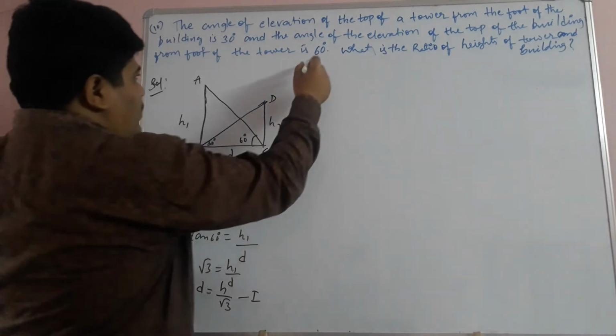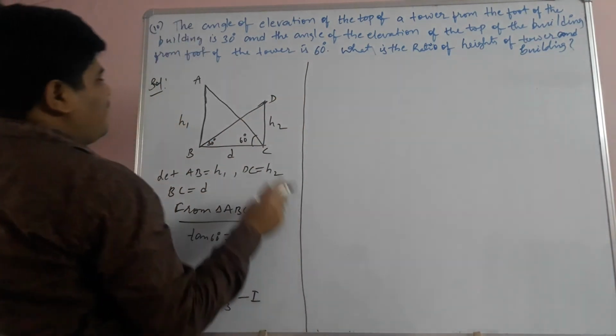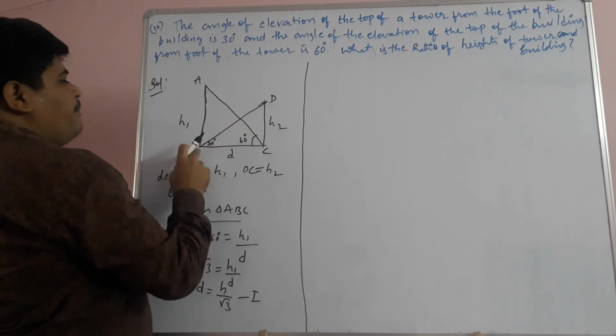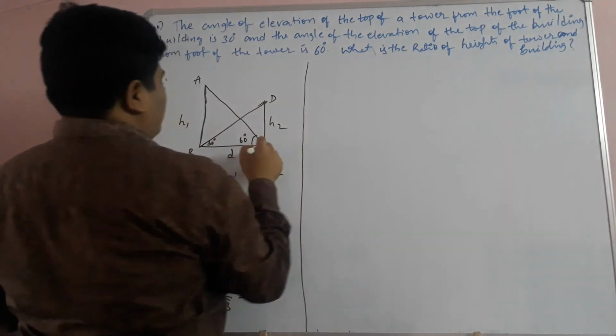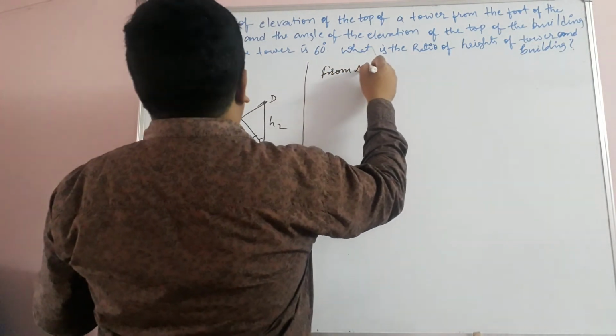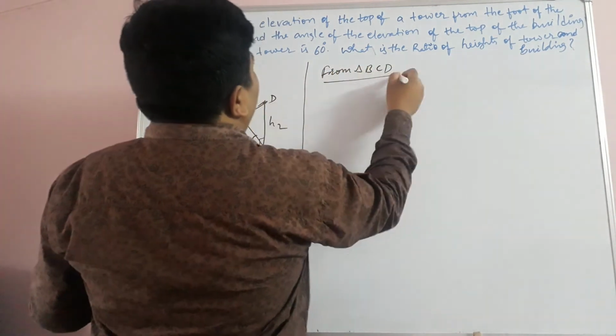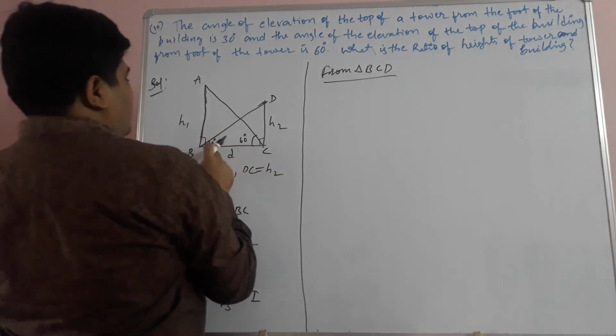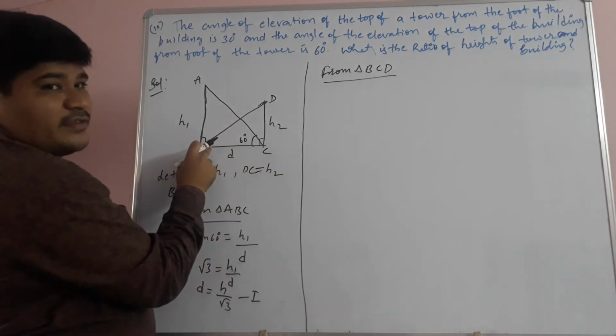Now I am taking triangle BCD, the second triangle, and these are the heights too. So from triangle BCD, what can we write here? The angle of elevation is 30 degrees.